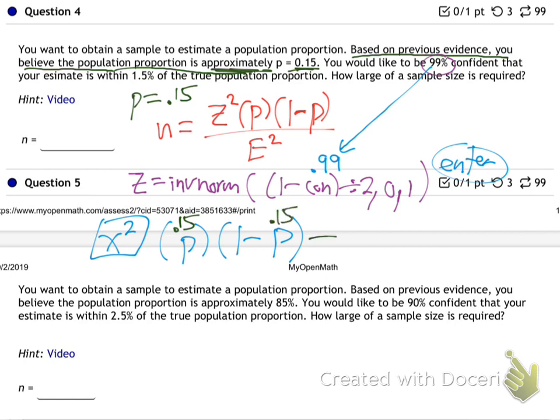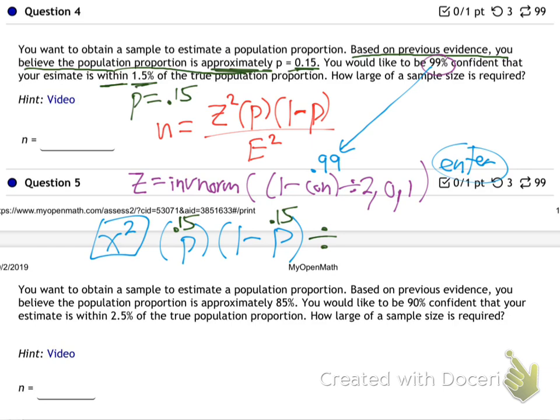Divided by, and then E, which is, how do you know what the E is? What words key you in on the E? Have you noticed the words they're using all the time? Within. See that? Within 1.5. I'll put that on your exam 3 notes. I'll say "error within amount," because they almost always use that word within. They want an answer that's within a certain amount of error.